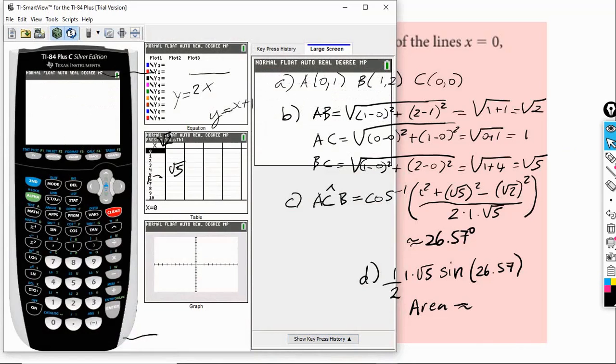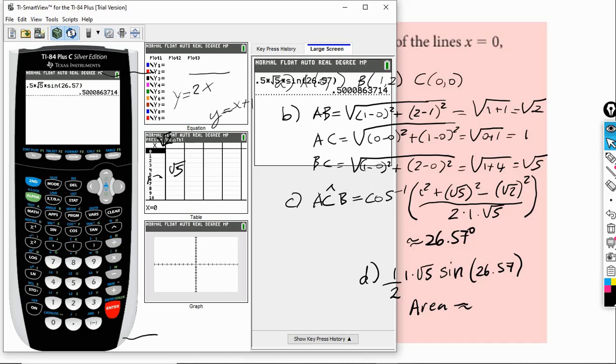So we want 1/2, or 0.5 times 1, which we're going to omit, times square root, second function, square root of 5, times sine of 26.57, close the parenthesis, and this equals 0.5. So the area is approximately 0.5.